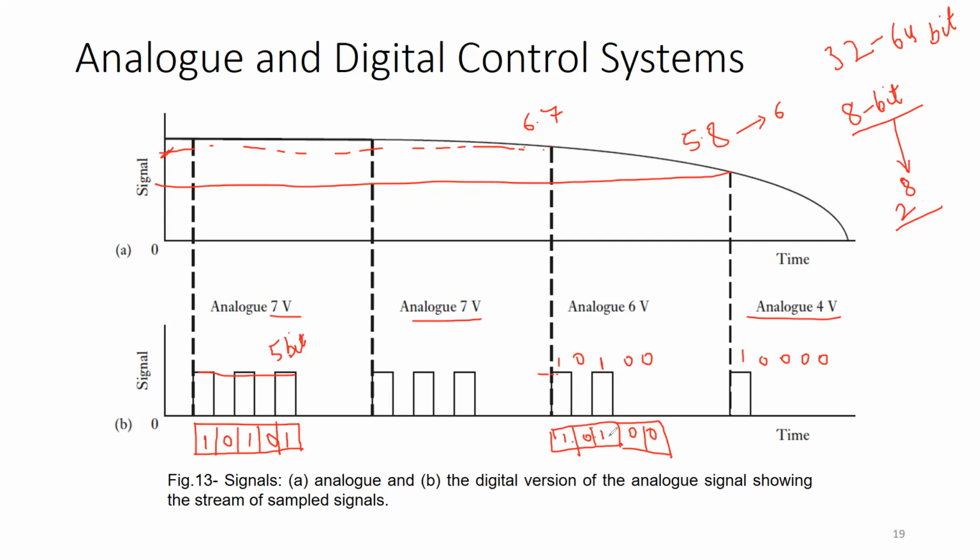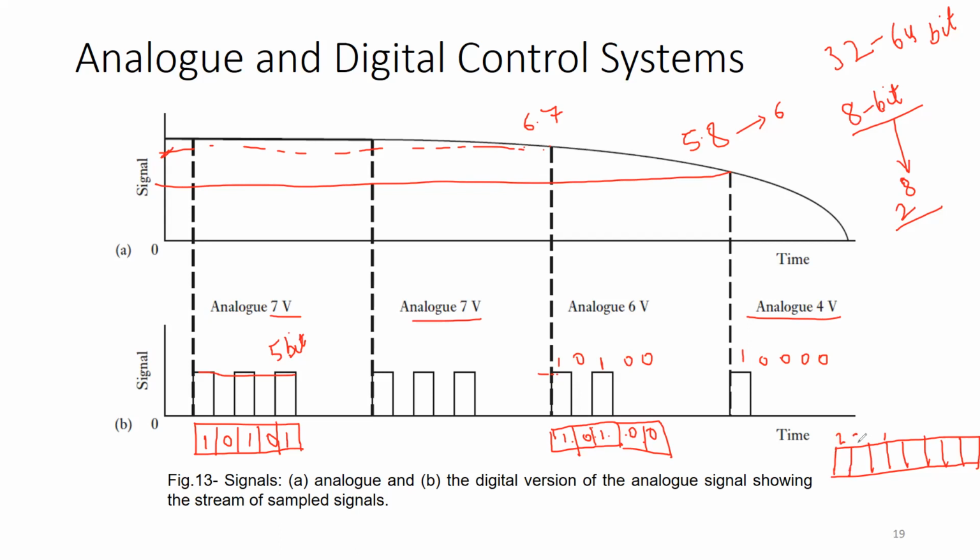Like over here I have shown a 5-bit system. Similarly, if it is an 8-bit system, it will have these 8 partitions: 1, 2, 3, 4, 5, 6, 7, 8. So each box or unit or bit was able to store 2 values, either 1 or 0.